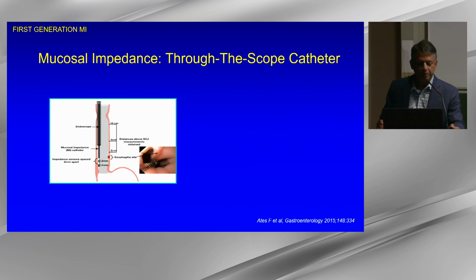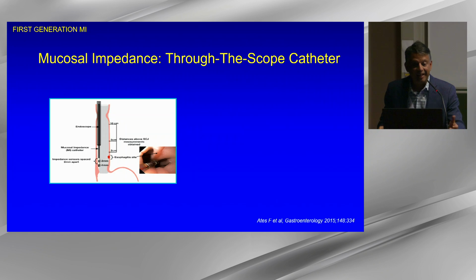So with that background, Dr. Vasey's group from Vanderbilt wanted to test if you evaluated baseline impedance using a catheter that goes through the instrument channel of an endoscope, that you can touch to the mucosa of the esophagus and get values of baseline impedance.